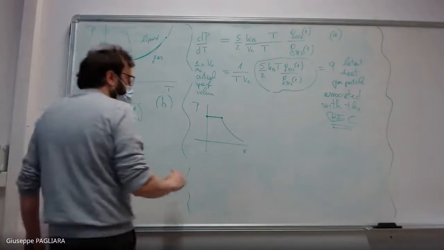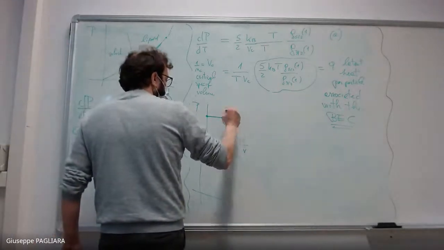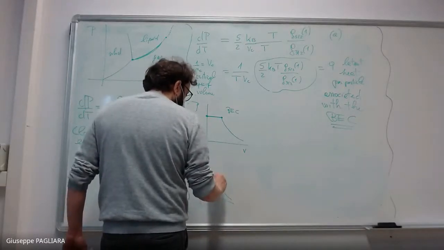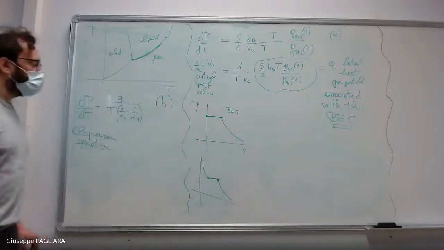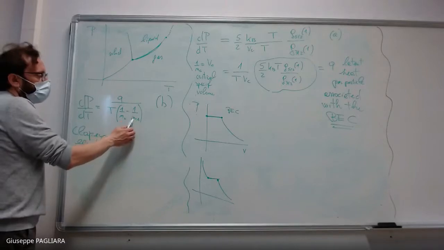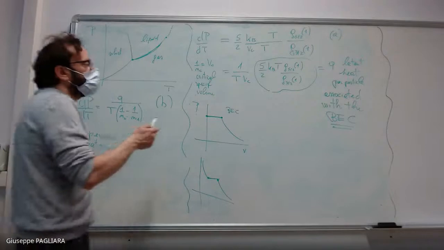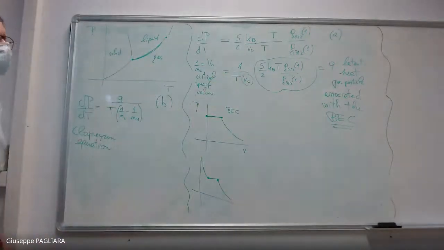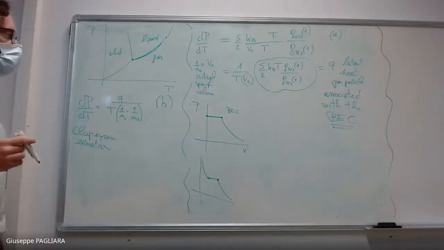Whereas in the van der Waals case, for BEC, I have these two specific volumes. So the role played by 1 divided by n_2 and 1 divided by n_1 here is played by just one quantity, which is v_C, the specific volume of the normal phase at the critical point.